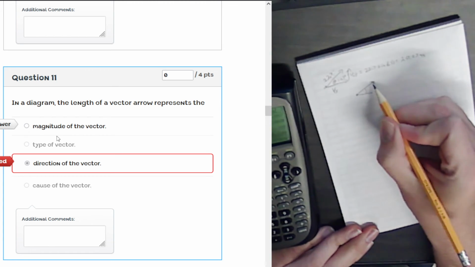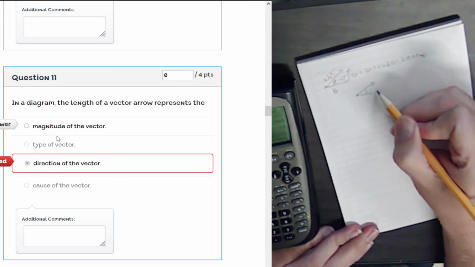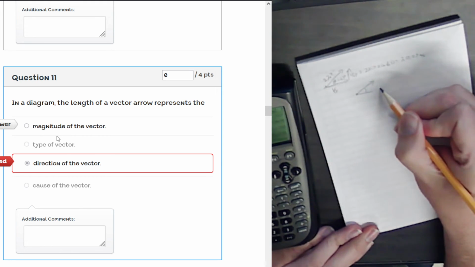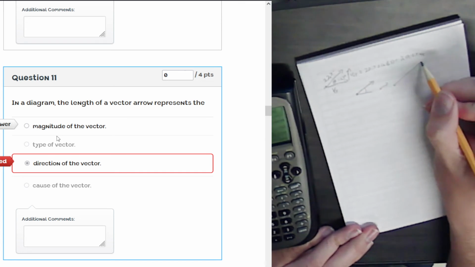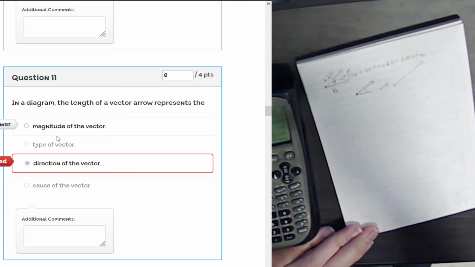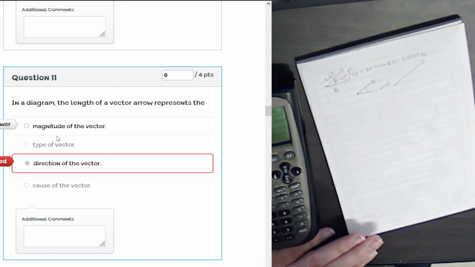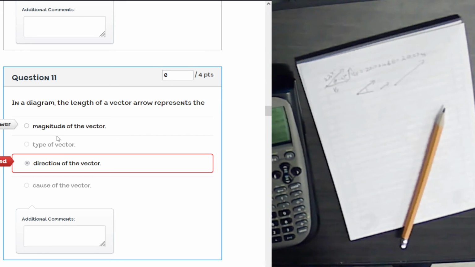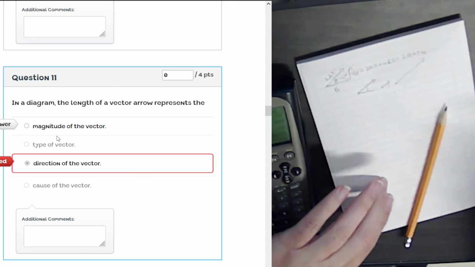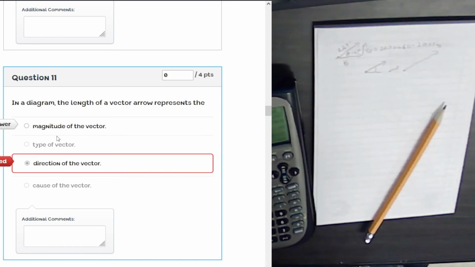But the magnitude represents the size. So this is a certain size vector. This one has the same direction, but it's smaller, and this one has the same direction, but it's bigger. So the magnitude is represented by the length of the vector, and the direction is represented by the angle, or the direction it's pointing. Okay, hopefully that's helpful.